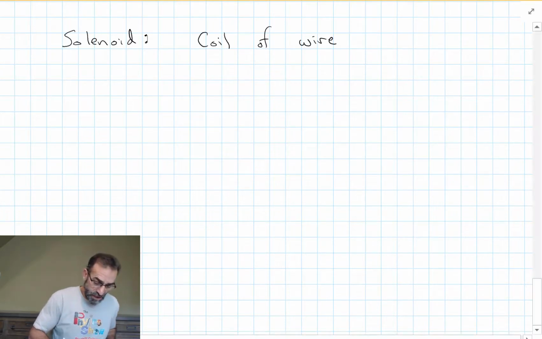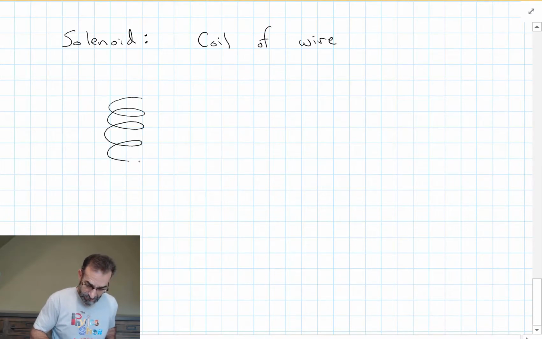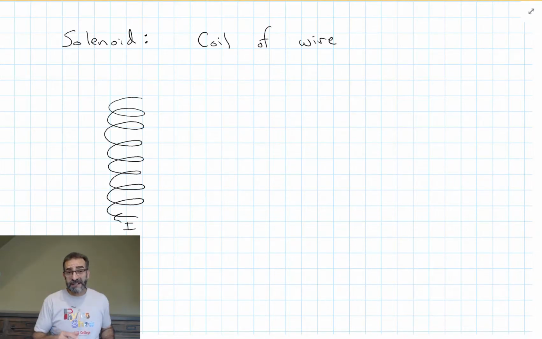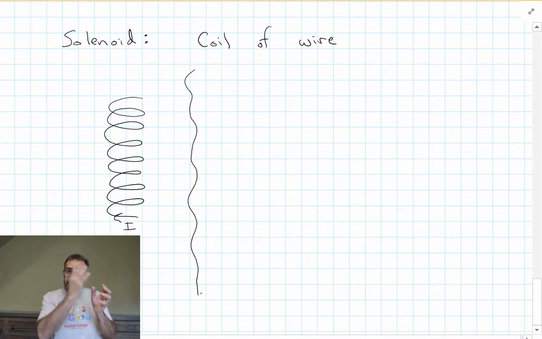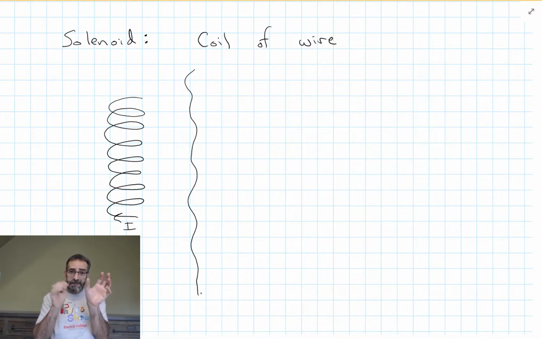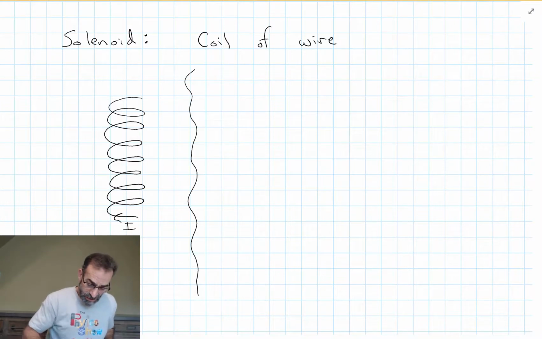And I could draw that like this, but it's a little hard to see exactly what's happening when I draw it like that. So we tend to draw it like this. We draw the cross section. If I was to slice that coil right down the middle and open it up and look at the cross section, I would see a bunch of wires that look like this.